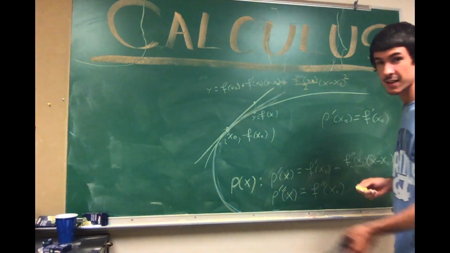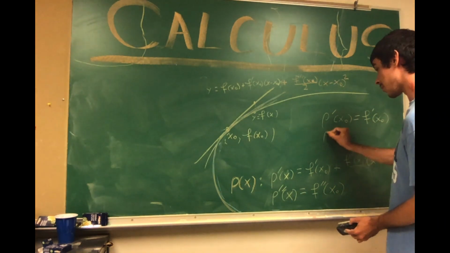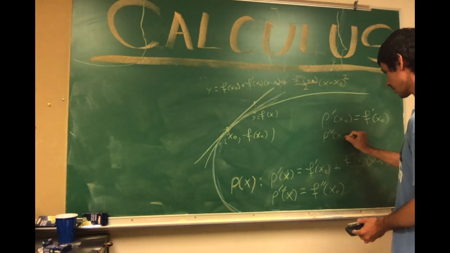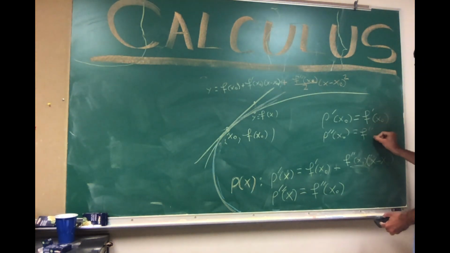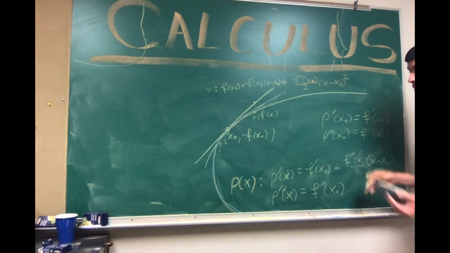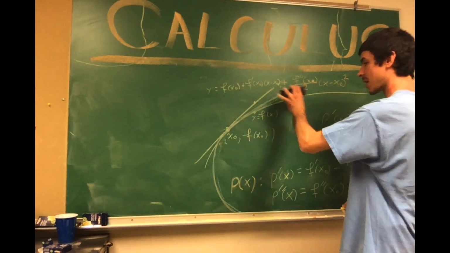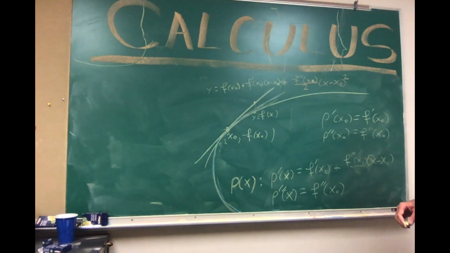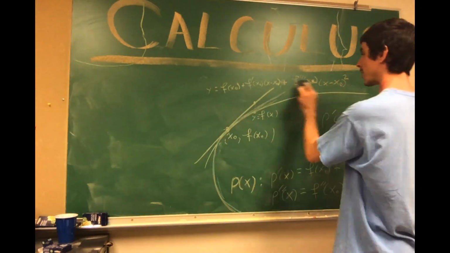It looks like a duck, it looks like this curve. And p double prime of x0 equals f double prime of x0, so it quacks like a duck too. So it has the same first derivative and the same second derivative, so it has the same tangent line and the same curvature, and so it's a better approximation.